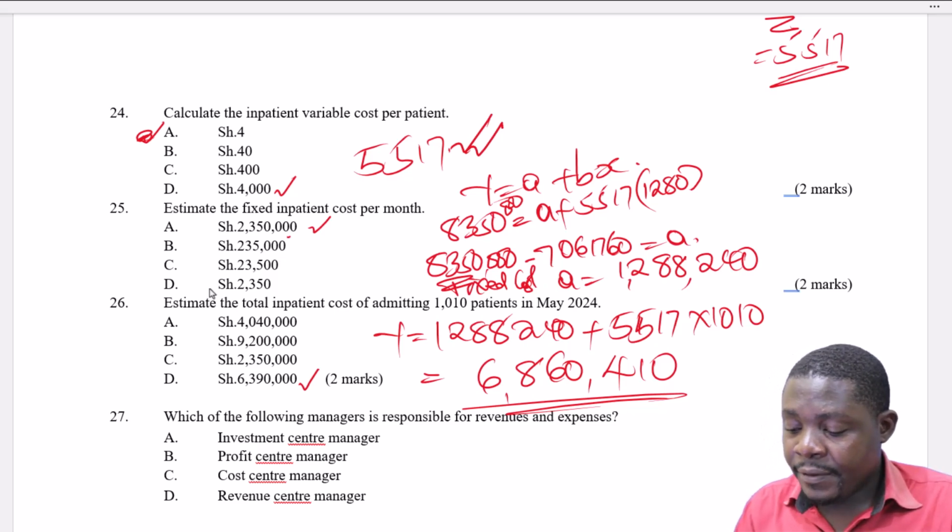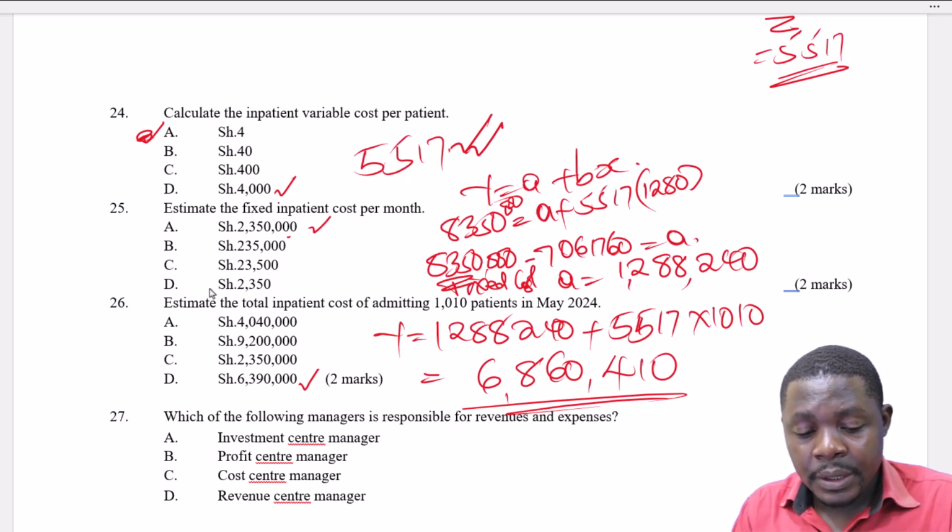Then if they do the same, you take 4,000 multiplied by 1,010 and add the answer to the one we got, which was 3,330,000 or 350.